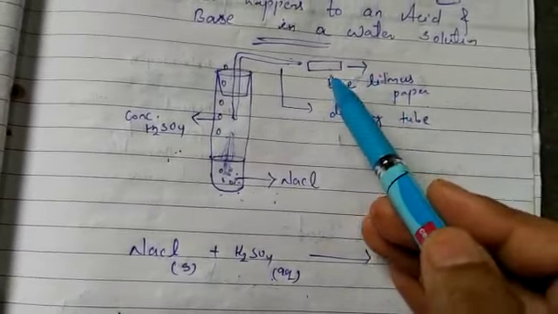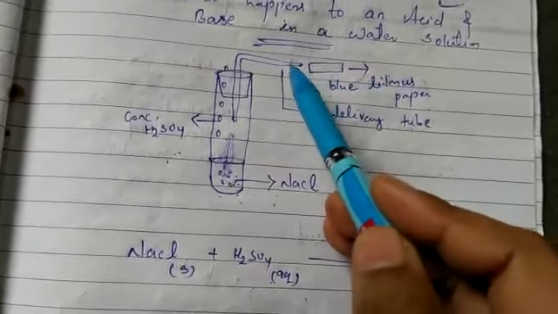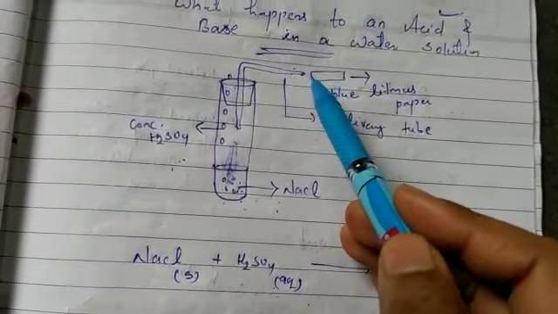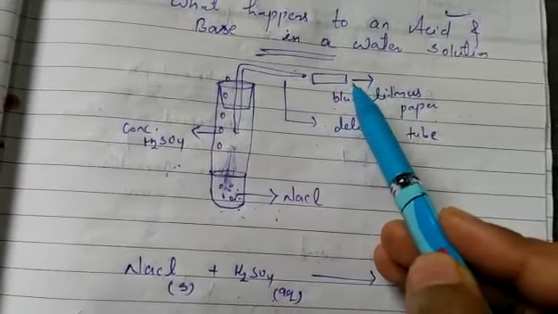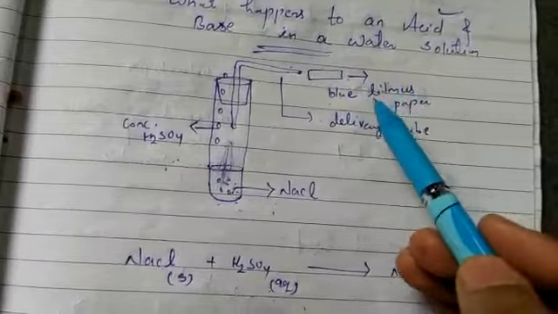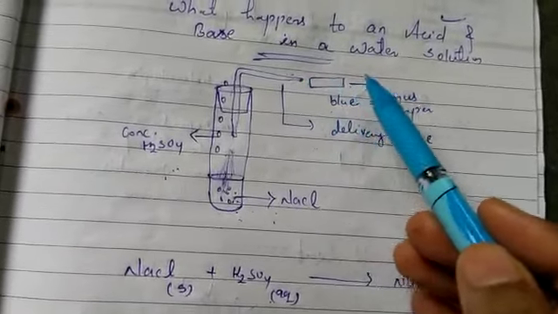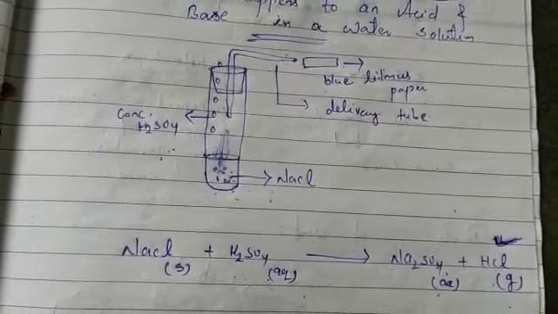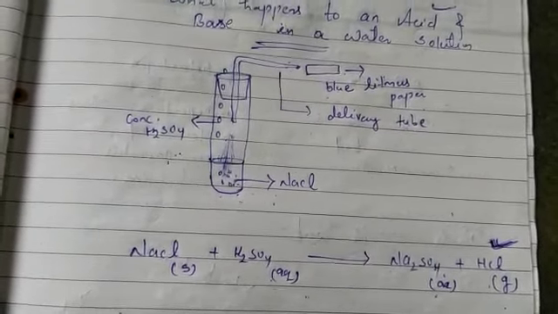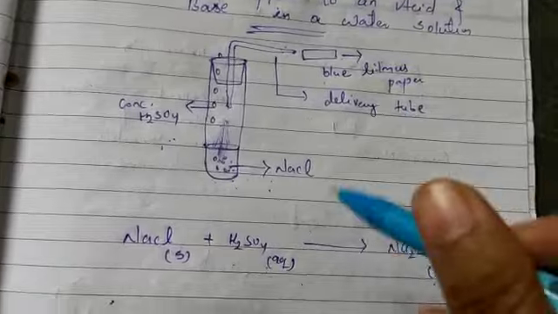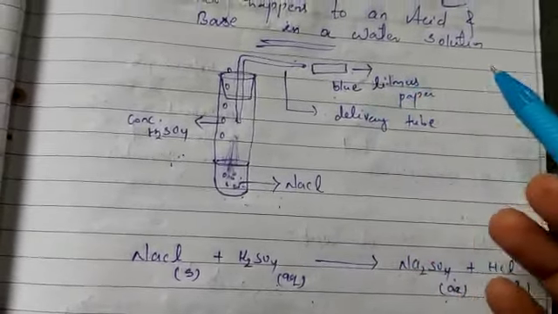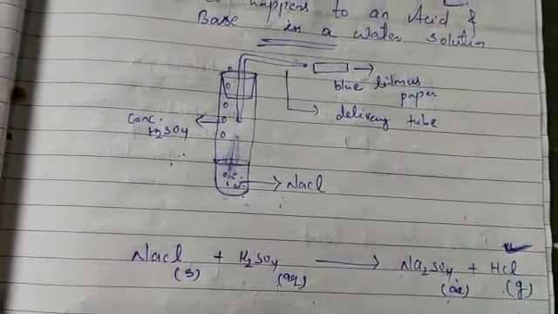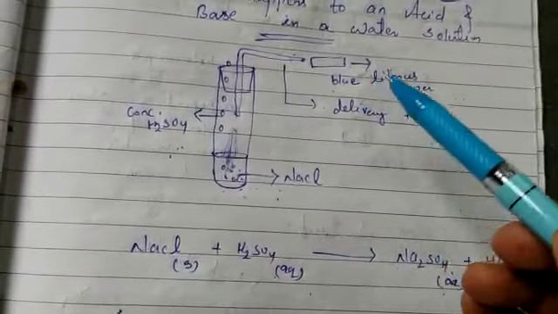When you bring a blue litmus paper near the gas, you will see that the color is not changing. That doesn't mean that hydrochloric acid is not an acid, even though the blue litmus paper is not converted to red.